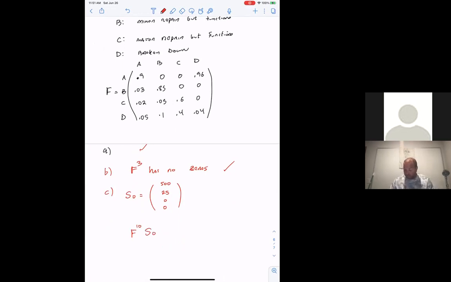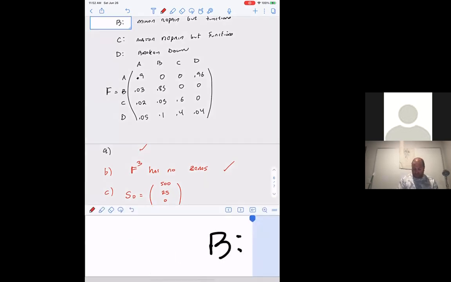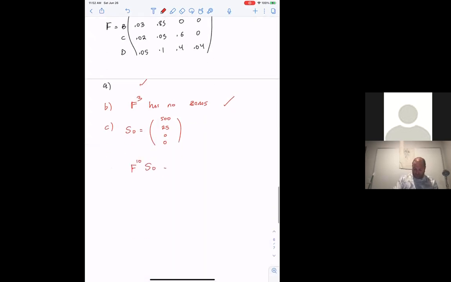So I will take my matrix to the 10th power. And I have to input now, edit a new matrix, a 4x1 matrix of 525, 0, 0. And then multiply it by that new matrix.